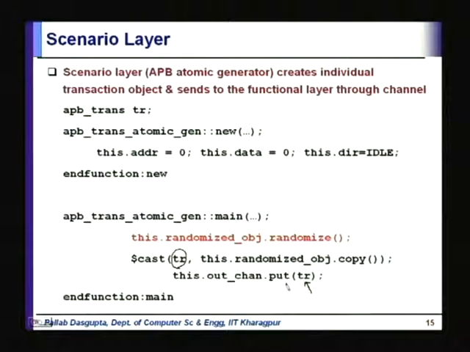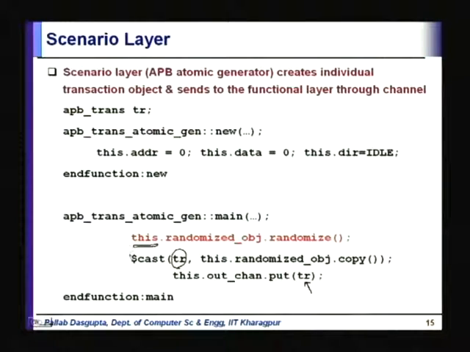Just at a high level, this is an object which is there with the generator layer, okay. It randomizes that object and copies that value into the channel.